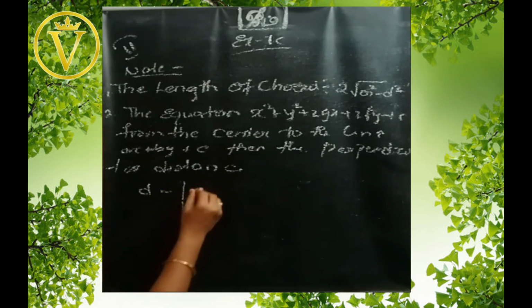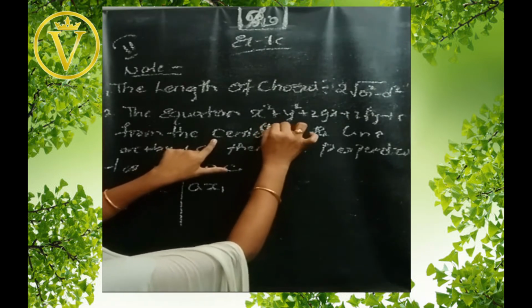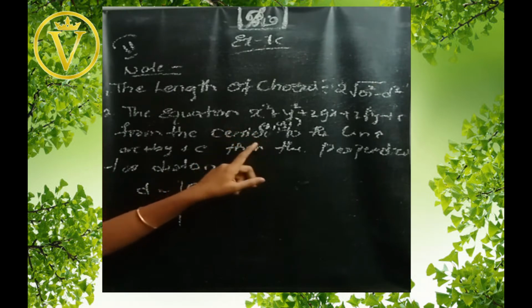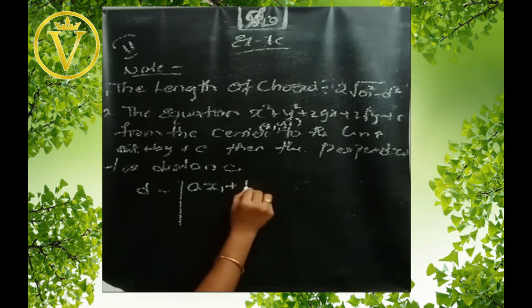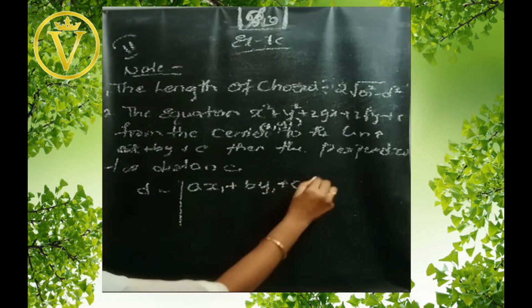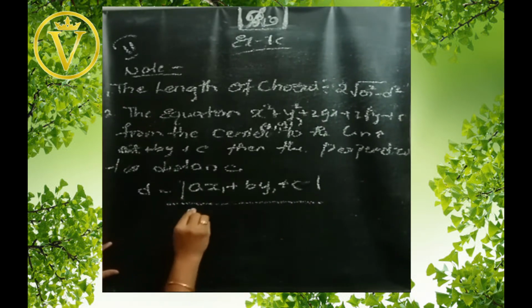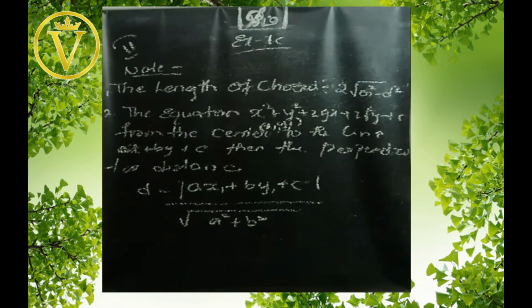The center is x1 comma y1, and the perpendicular distance will be ax1 plus by1 plus c by root of a square plus b square. Okay, this is the formula.